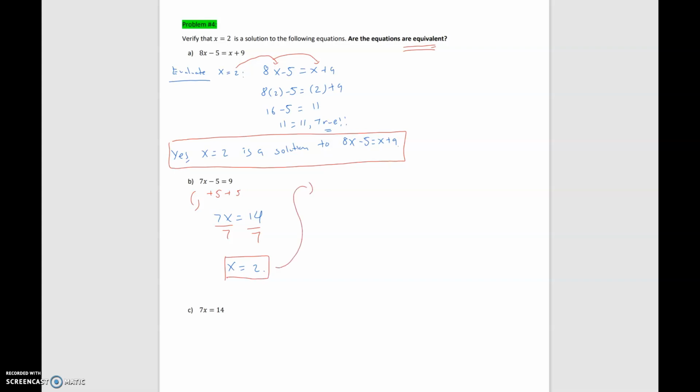And then technically here you could say that yes, x is equal to 2 is a solution to 7x minus 5 equals 9.